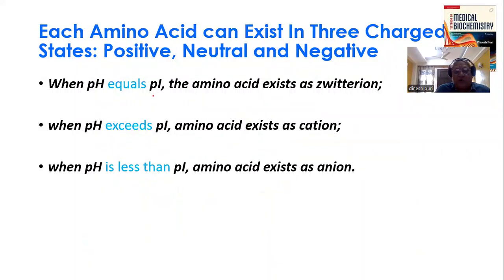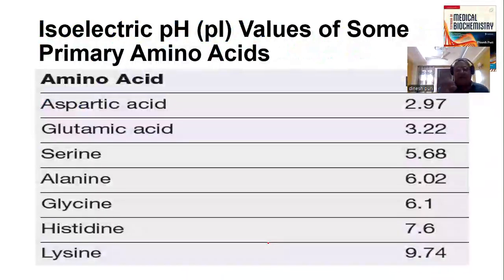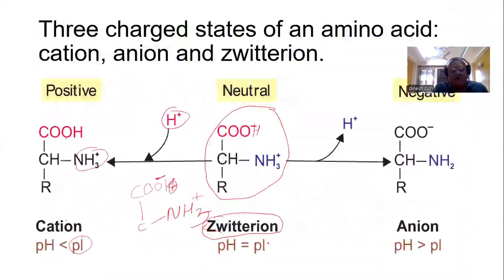When the pH equals the isoelectric pH, the amino acid exists as a zwitter ion. In other words, an amino acid exists as a zwitter ion only when the pH is equal to pI, the isoelectric pH, and the isoelectric pH varies from one amino acid to another, as you can see in this chart. When the pH falls below the isoelectric pH, we get the cationic form.